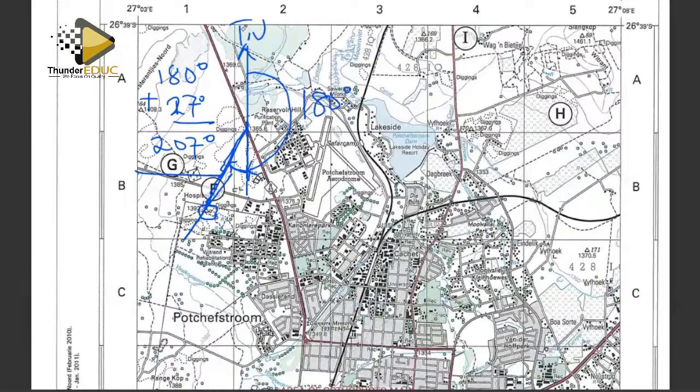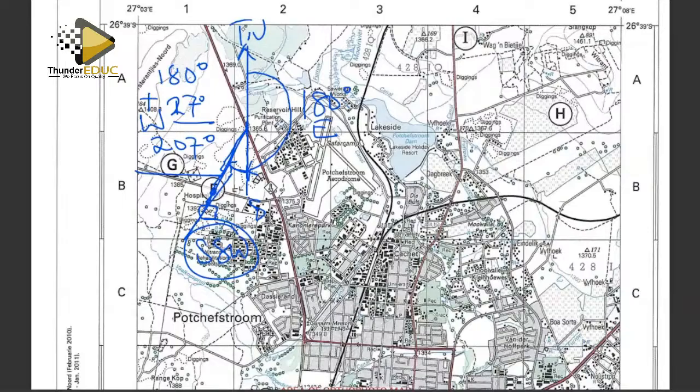Then the direction of the benchmark in block A2 to the trigonometrical station: we are asking what is the direction of this from this. This is our north, this is our west, this is our east, this is our south. If we check the direction here, this is generally to the southwest, but to be specific, this is before the 45 degree angle.